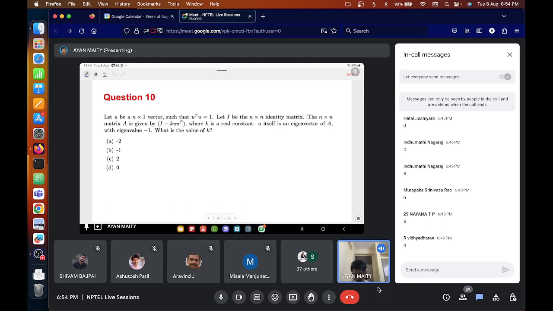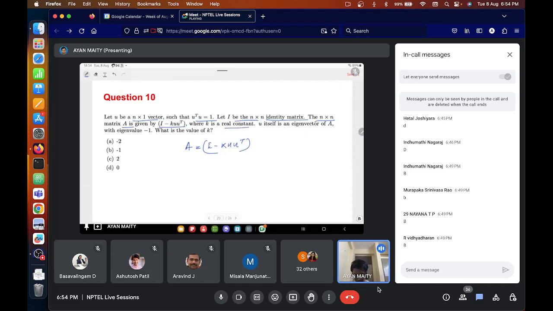In question 10, this is again our matrix. Let U be an n cross 1 vector such that U transpose U equals 1, and let I be the n cross n identity matrix. The n cross n matrix A is given by I minus k U transpose, where K is a real constant.